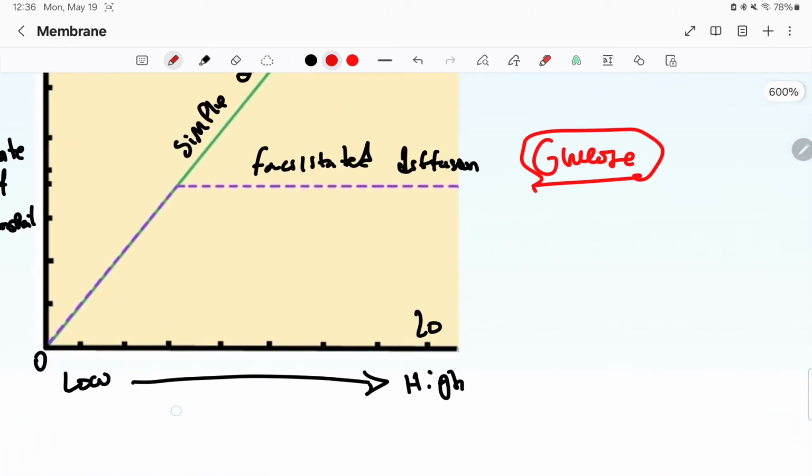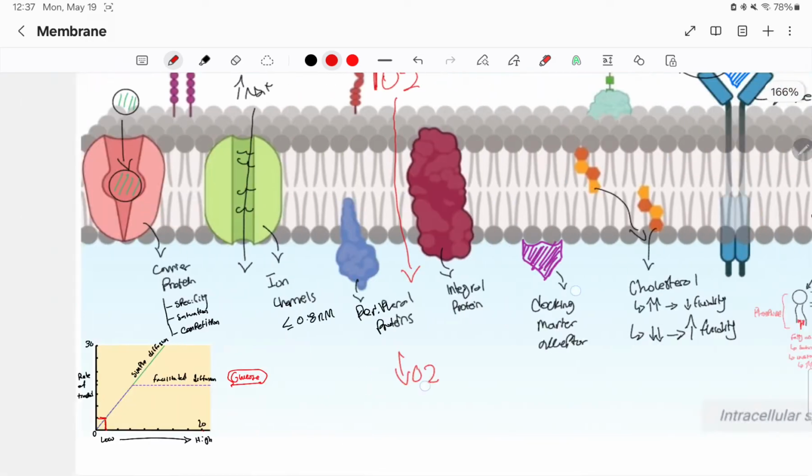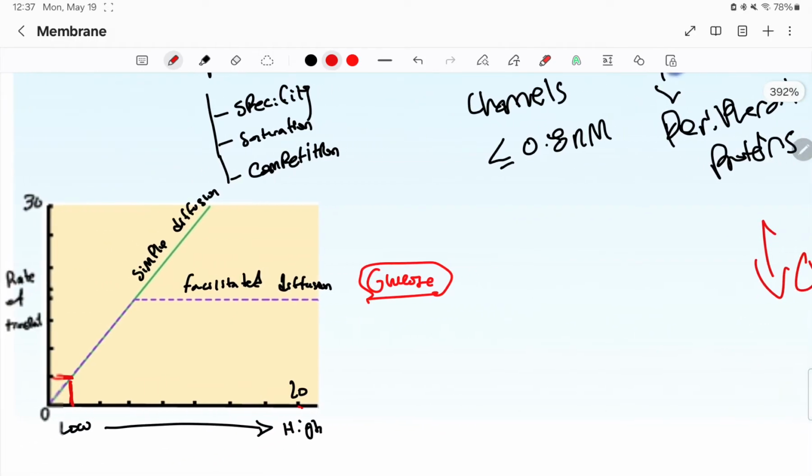Now let's take a look at this. In a low concentration scenario, you can see that the rate of transport is pretty low. But as the concentration of a molecule increases on one side of the membrane, for example the outside of the membrane, the rate of transport of that molecule goes up in simple diffusion.